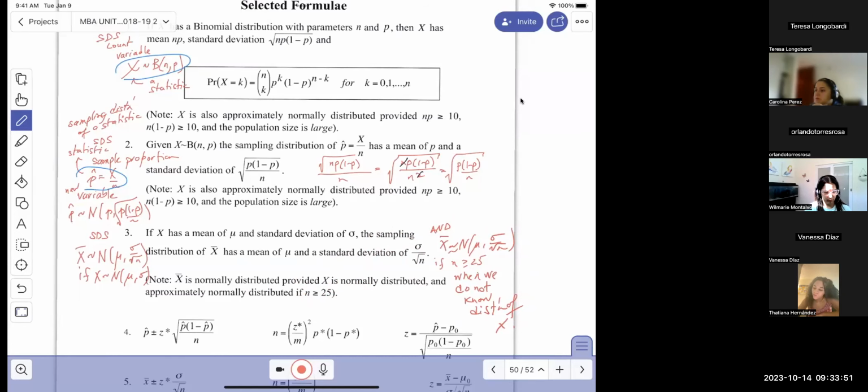This is known as the central limit theorem, and that's what we're going to apply, so that you can get the same result as long as your sample size is big enough if you don't know anything about X's distribution.